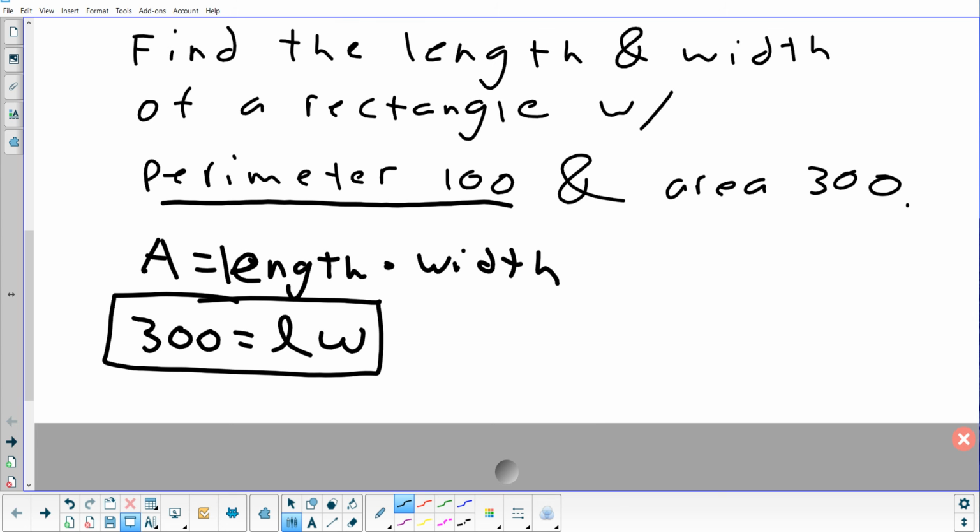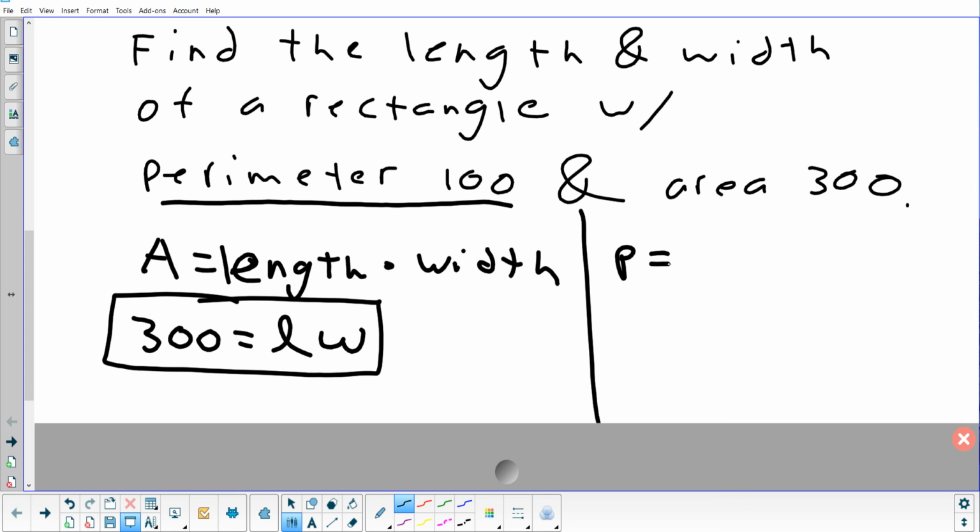What's the formula for the perimeter of a rectangle? This could be wrong.